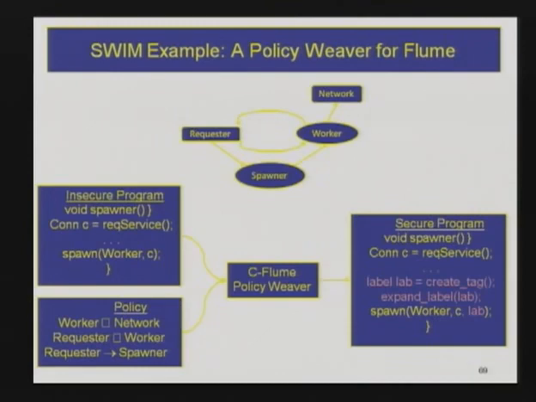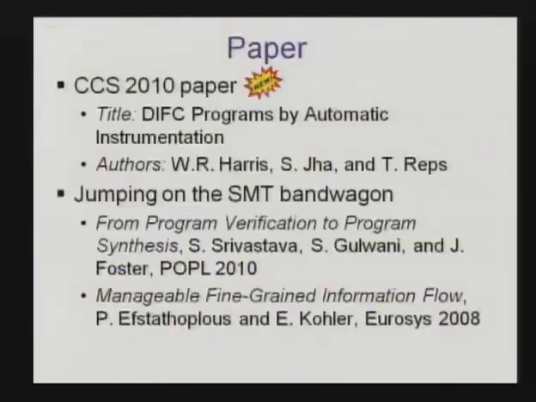If the SMT solvers were not fast, we'd be dead. Okay, so we are actually jumping on the SMT bandwagon, and again, I think you don't do research in a vacuum.